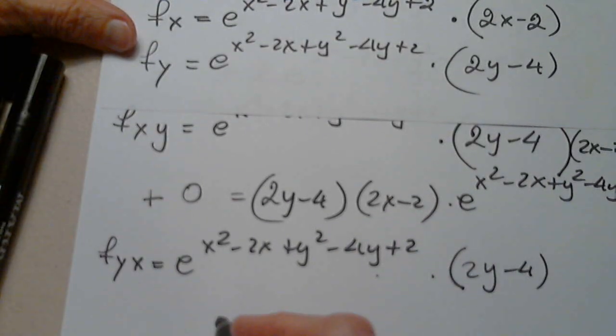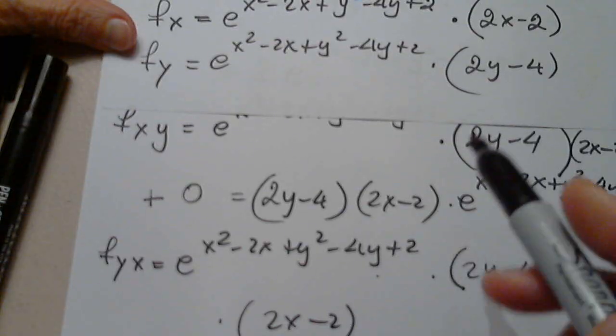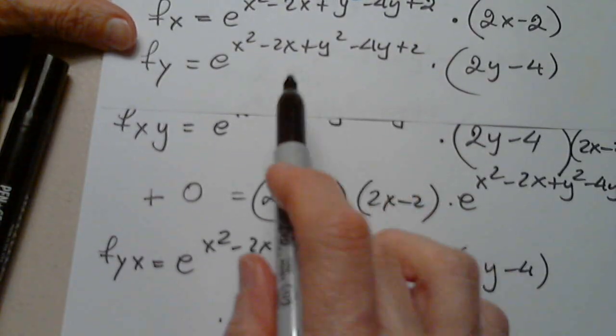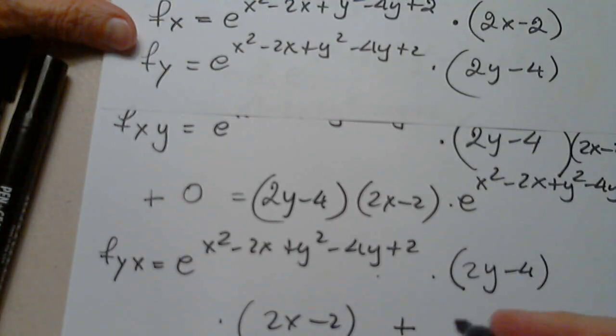With respect to x is 2x minus 2 and times 2y minus 4, and then plus this times this differentiate with respect to x, but it's 0.